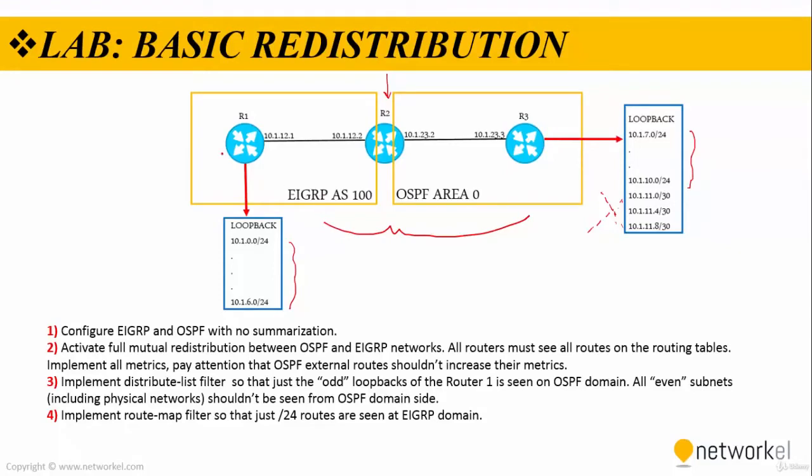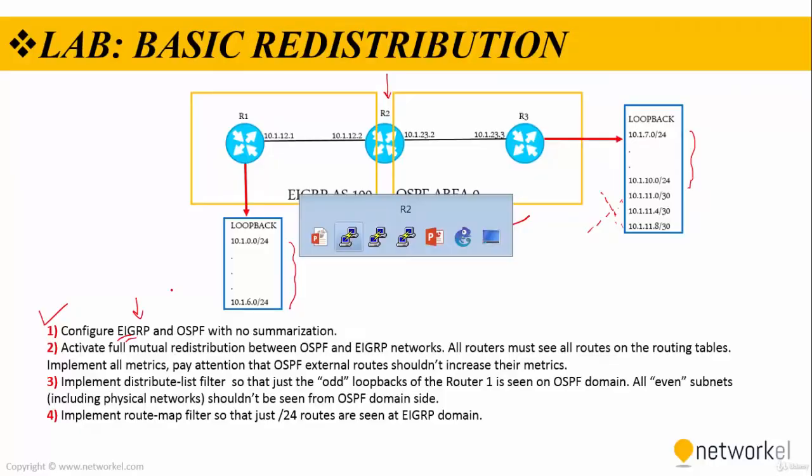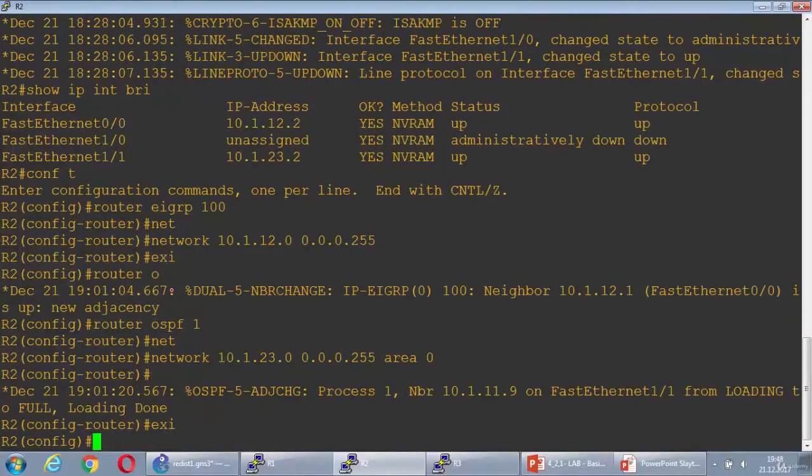In here, all OSPF and EIGRP configurations are made, as you can see. And the first step is accomplished, but I need to use no auto-summary on the EIGRP side as well. Alright, let's do it.